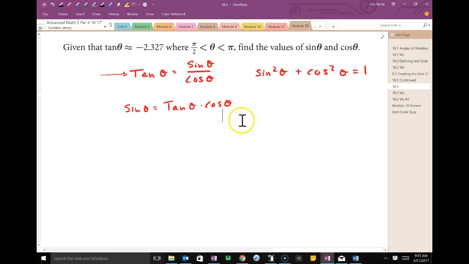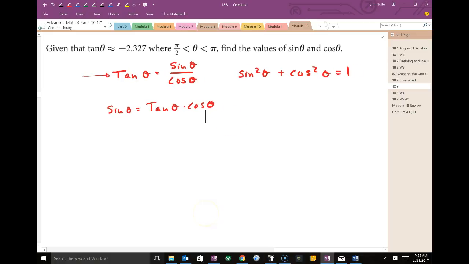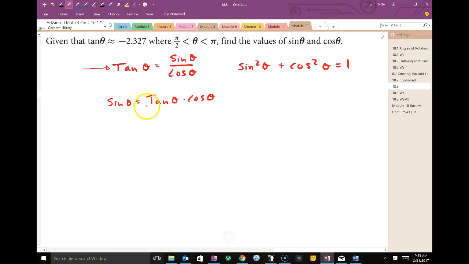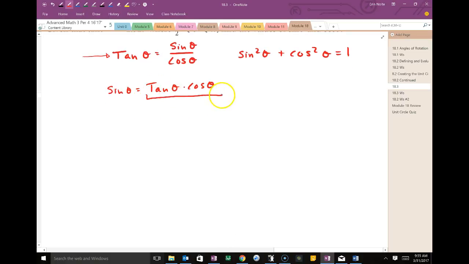Now I'm just going to do a substitution step. I'm going to take this red piece and put it into the sine of this Pythagorean identity. So it's a substitution.